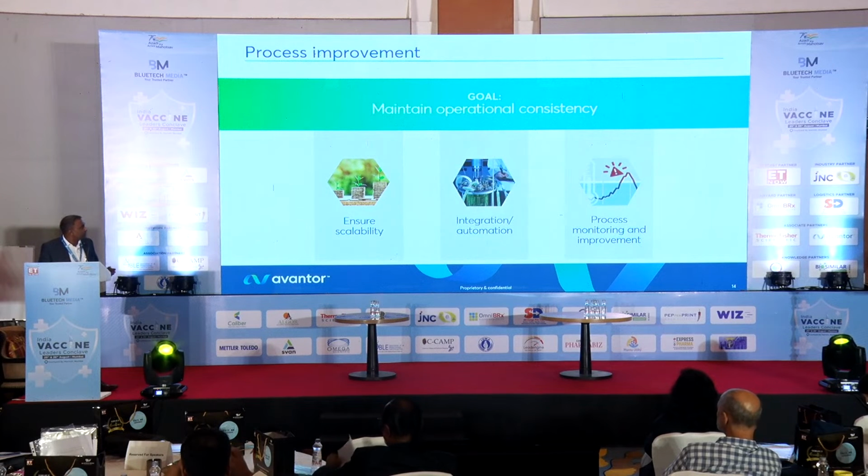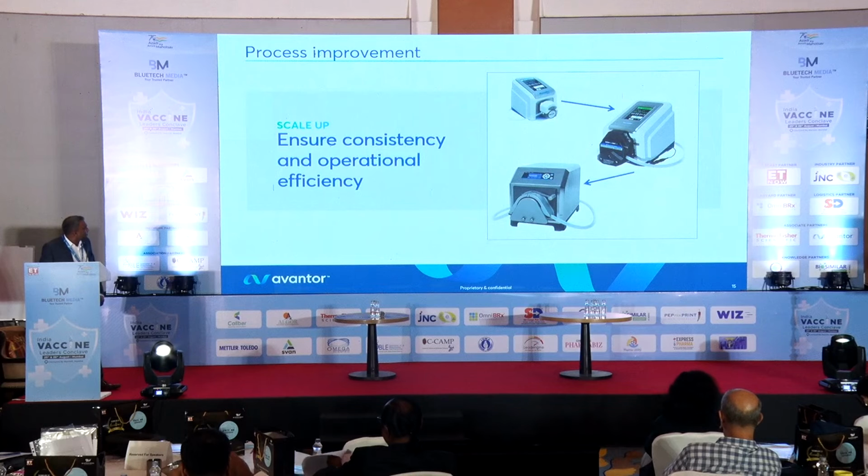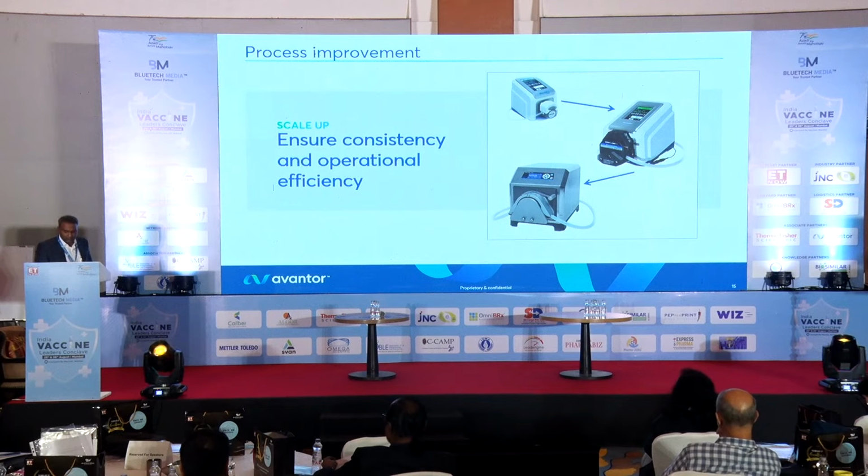So that will help to maintain operational efficiency. There we have certain products we can utilize. Again, talking about overall process improvement, how to scale up, right from R&D to pilot plant to process production level.